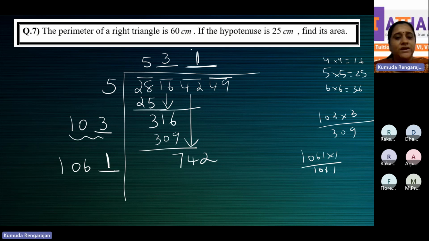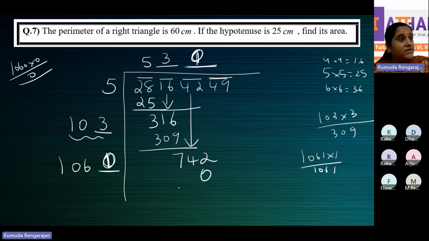So you must write a 0 here and a 0 here. 1060 into 0 is 0. That's the product. Now subtract, 742.